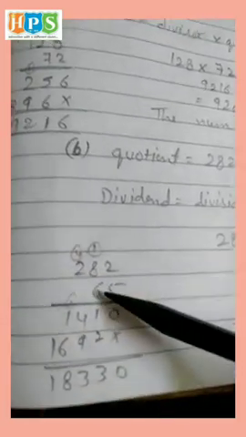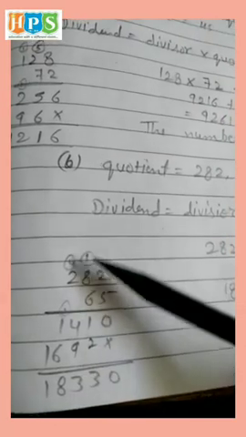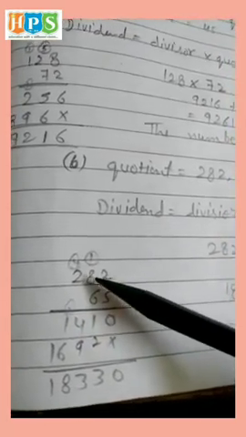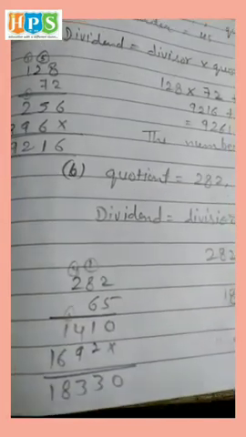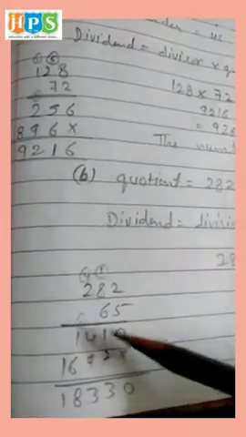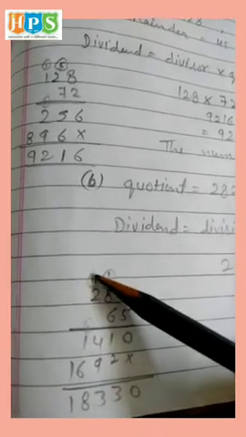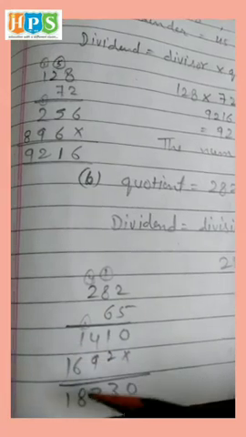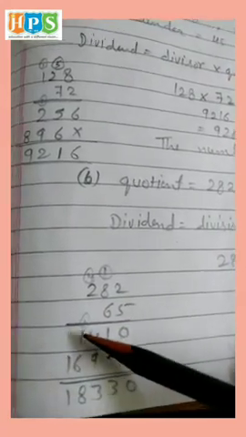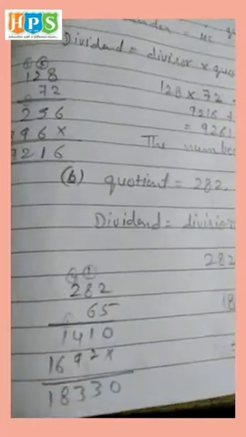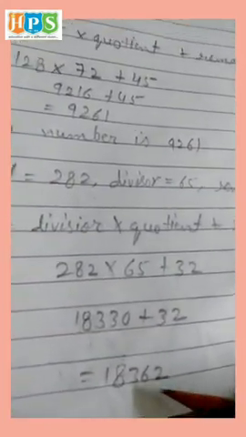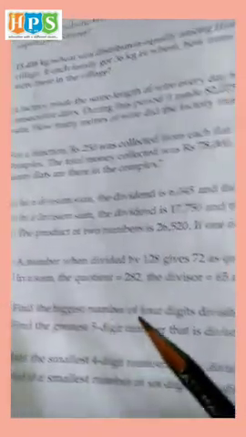Multiplication sign. 6 twos are 12. 6 eights are 48 and 1 is 49. 6 twos are 12, 12 and 4 is 16. We add the two products: 0, 3, 9 and 4 is 13, 6, 7, 8 and 1. 18,330 plus 32 is 18,362.